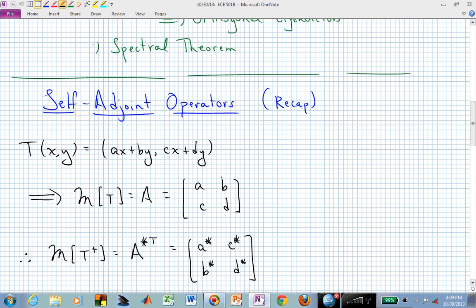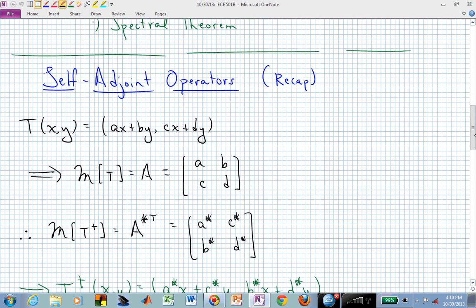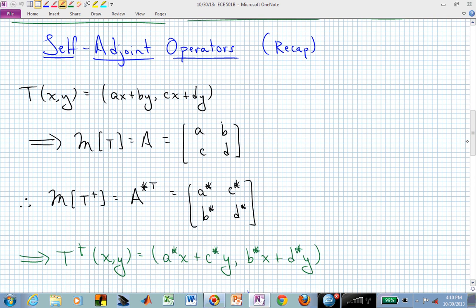But now that we have this matrix representation of the adjoint, can you write down the linear map of that adjoint? We went from the linear map to the matrix. Now, once we have the matrix, you can immediately write down the linear map of the adjoint.